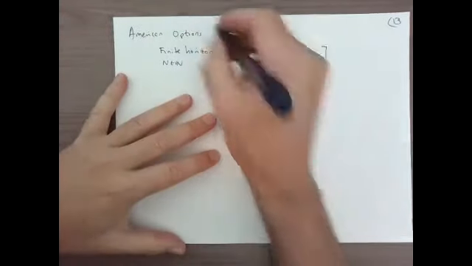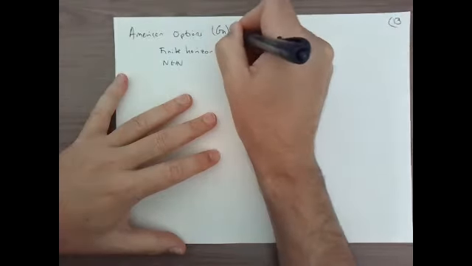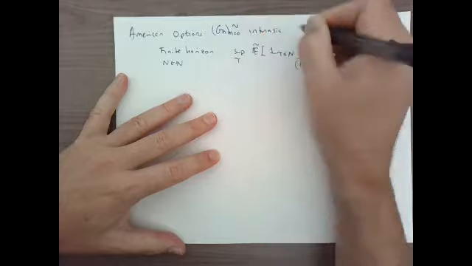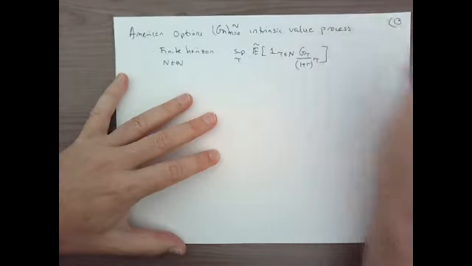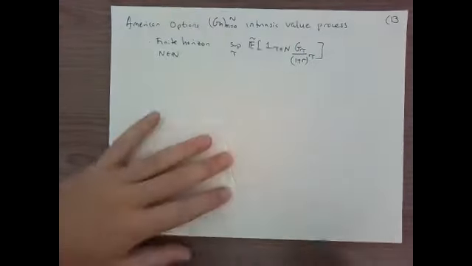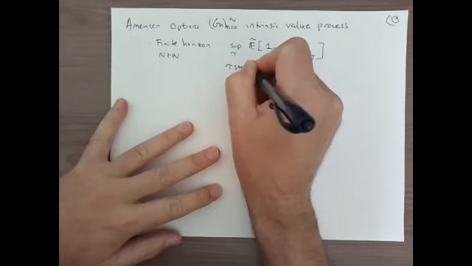So we have this Gn, this is our intrinsic value process. We're taking the supremum here over tau, where tau is the stopping time.